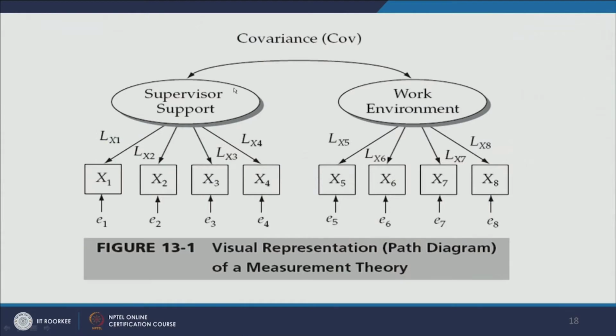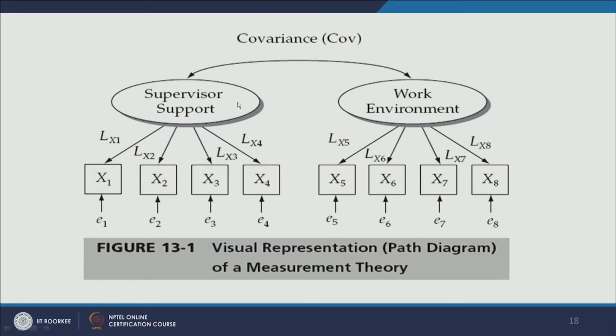Now look at this, a simple case with two constructs, supervisor support and work environment. This is a measurement theory, where the researcher is trying to find a relationship between these two latent constructs.